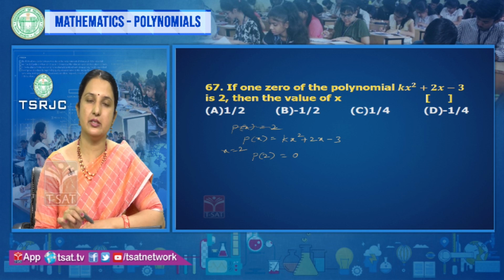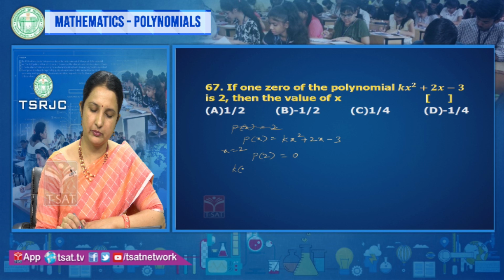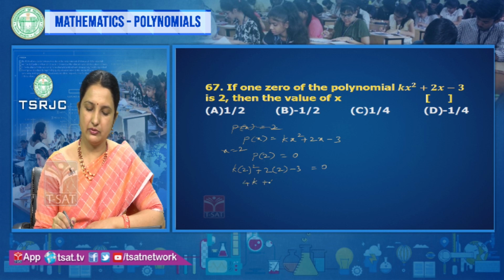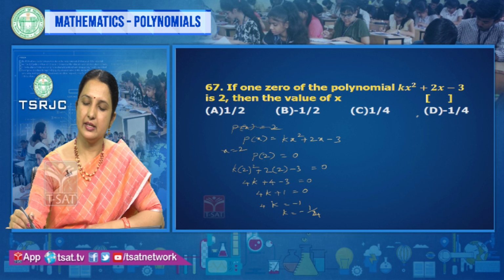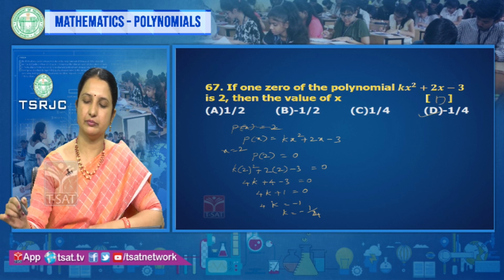In the place of x you write 2: k into 2 square plus 2 into 2 minus 3 equals 0, that is 4k plus 4 minus 3 equals 0, that is 4k plus 1 equals 0, then 4k equals minus 1, k equals minus 1 by 4. Option D is the correct one.